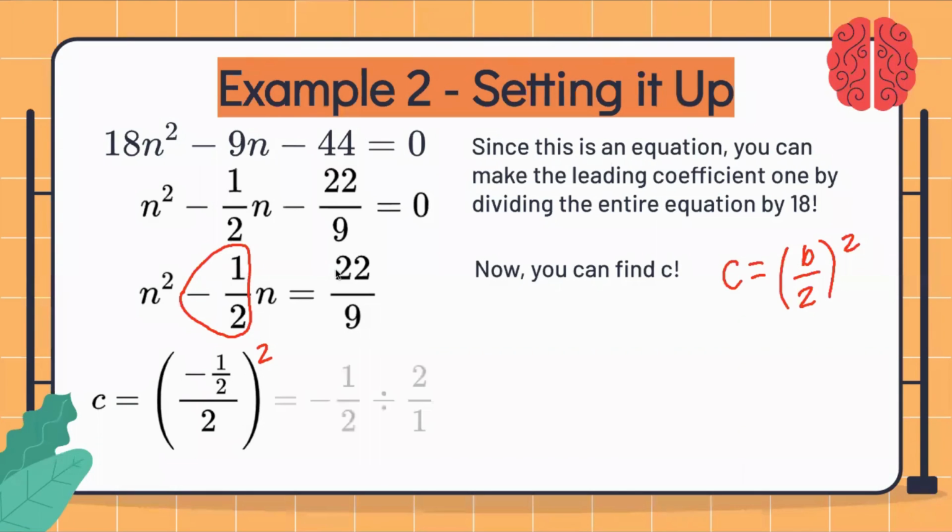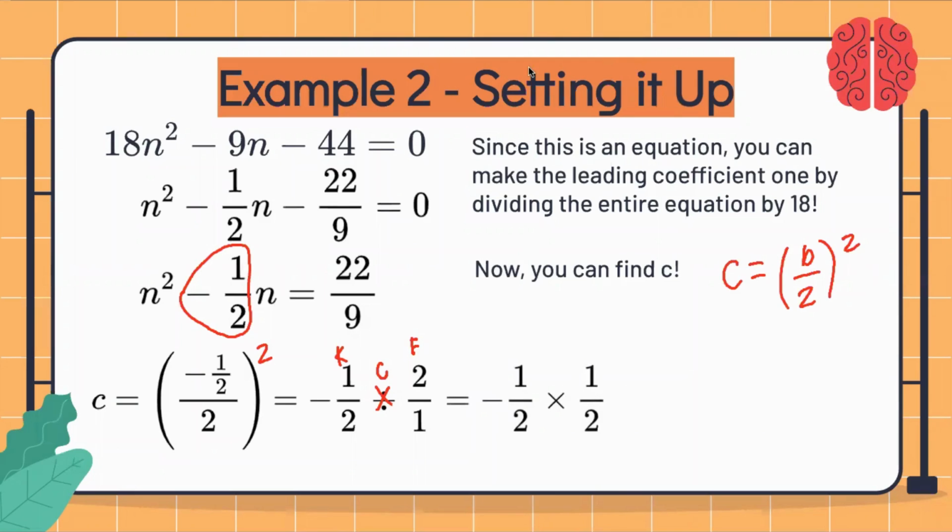This is basically just -1 over 2 divided by 2 over 1. And whenever you're dividing a fraction by a fraction, you're going to keep, change, and flip. So keep your -1/2, change your division into a multiplication sign, and then flip 2 over 1 to 1/2.